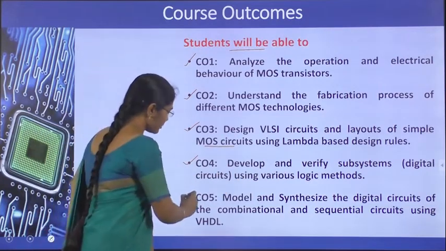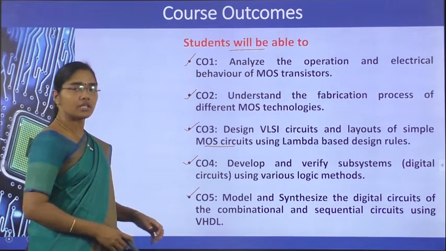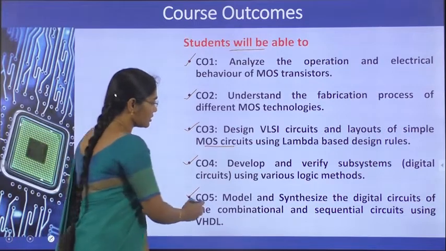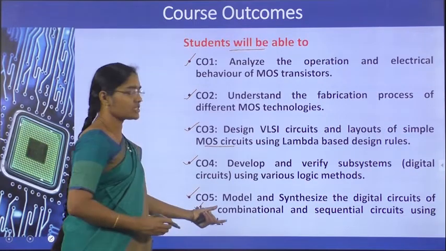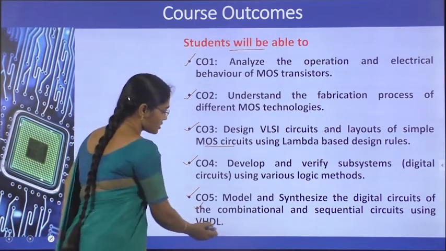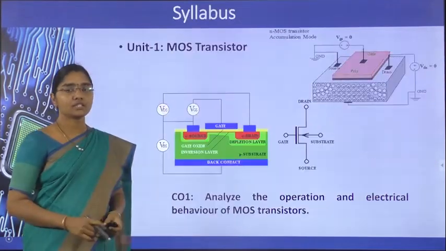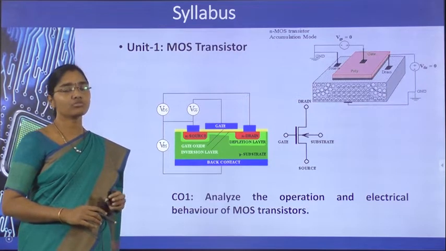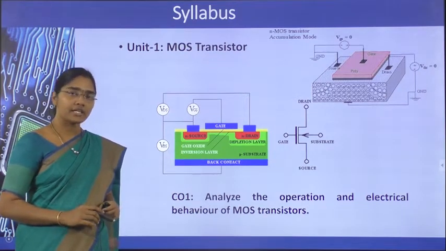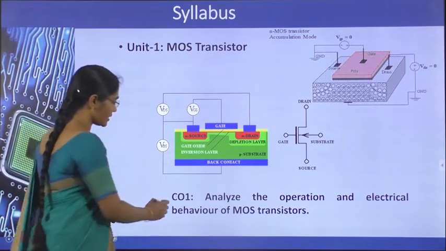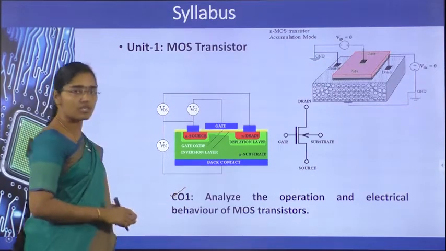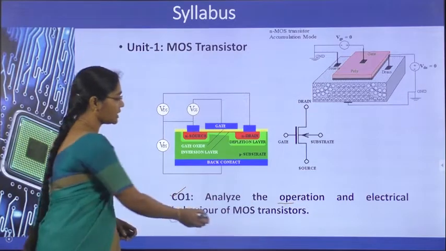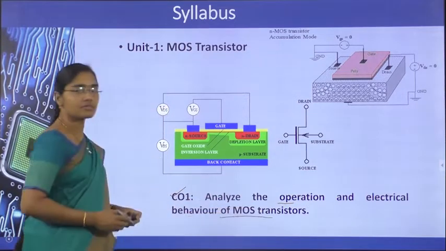And the last outcome of this course is they will model and synthesize the digital circuits like combinational and sequential circuits using VHDL. Coming to the syllabus of this VLSI design course, it is having 5 units, and the first unit is designed to get the first CO, that is analyze the operation and electrical behavior of MOS transistors.